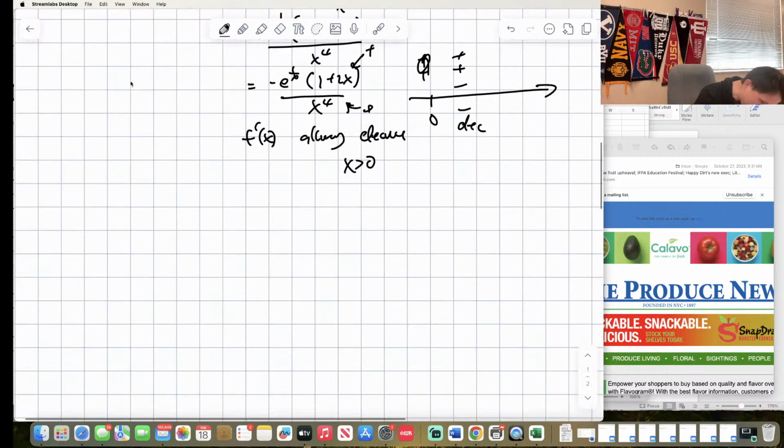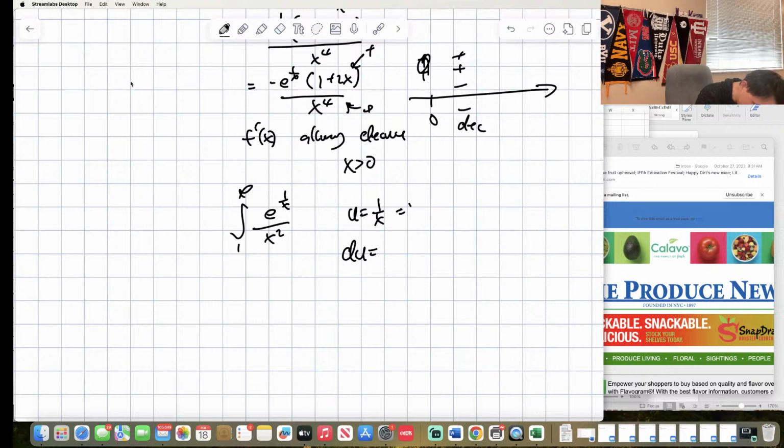Then you just have to integrate e to the 1 over x, over x squared, from 1 to infinity. What's your final answer? I got e minus 1, that's correct. Does that mean the series converges to e minus 1, right?